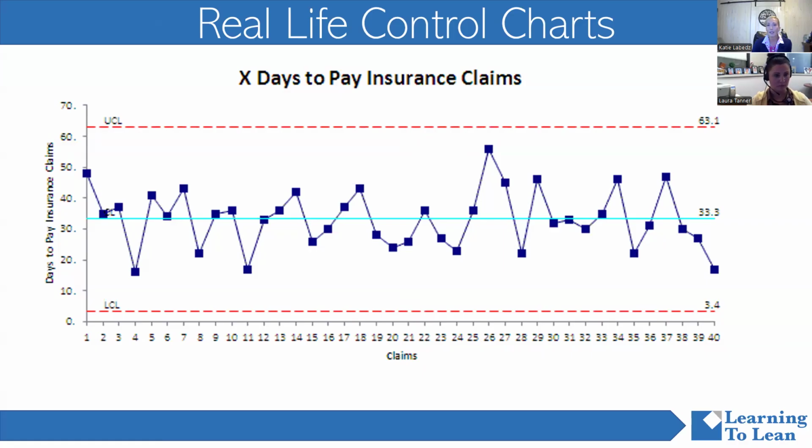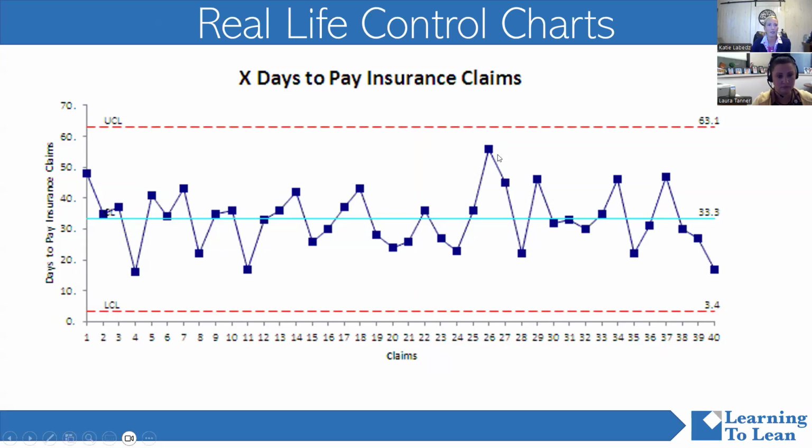So many of my customers are insurance agencies, beyond manufacturing and agriculture and IT and HR and banking. I thought this was interesting. So average days to pay insurance claims over time. Do we have a problem? No, not necessarily. I think it's pretty stable. We'd like to look at some statistical values for this, but over time, I would say it's pretty stable.